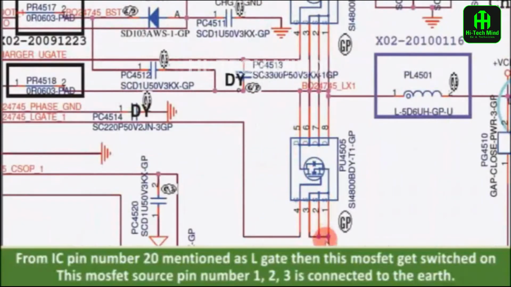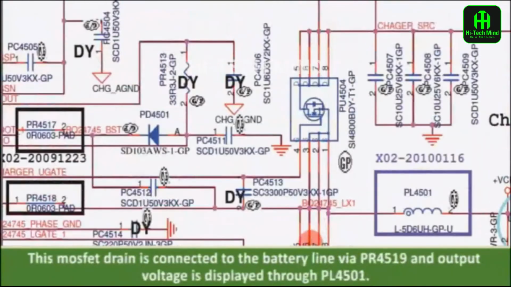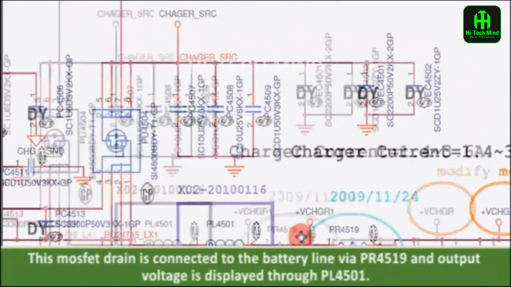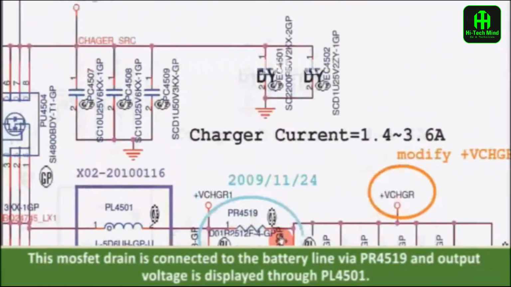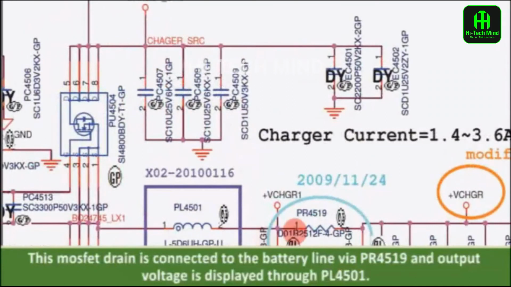This MOSFET's source pins number 1, 2 and 3 are connected to earth. This MOSFET's drain is connected to the battery line via PR4519, and the output voltage is available through the PL4501.